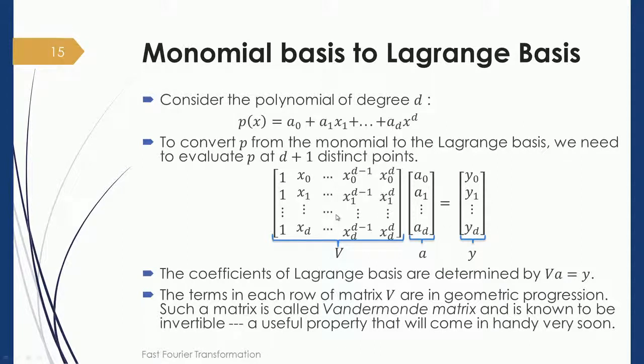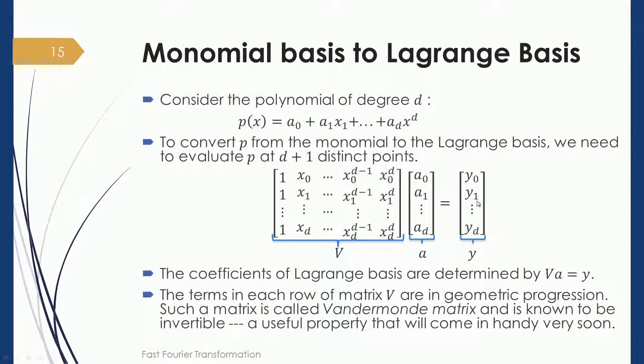And in order to achieve this, what we need to do is evaluate the polynomial p of x at x sub 0, and when we evaluate it at x sub 0, we will get y sub 0. When we evaluate it at x sub 1, we will get y sub 1.